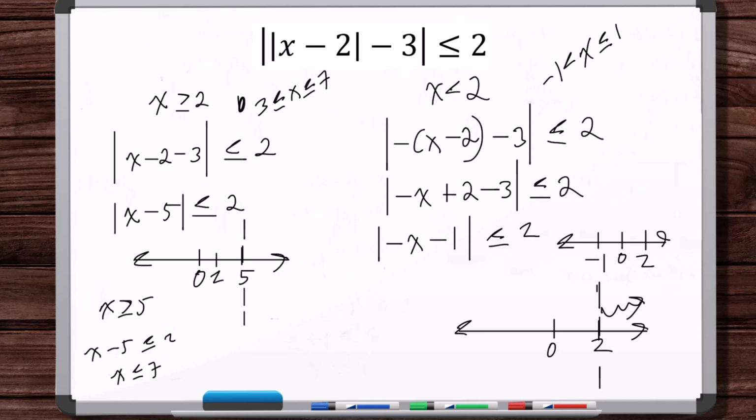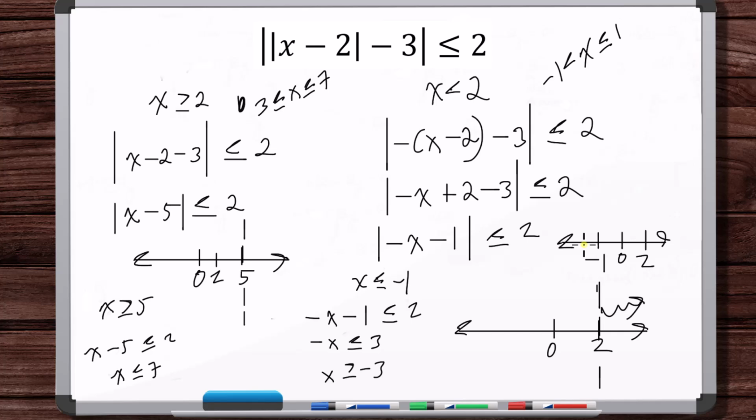In that case, minus x minus 1 is positive or 0. So we just remove the absolute value, add 1 to both sides, multiply both sides by -1. X is greater than or equal to -3.